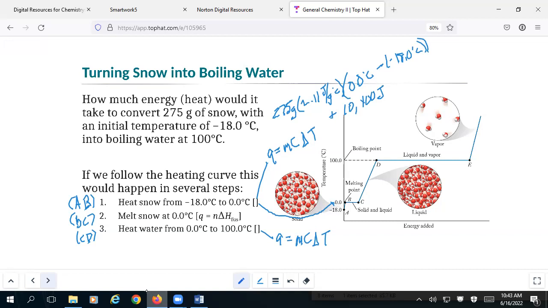So it took 10,400 joules to convert that snow up to the freezing point. Now we still haven't unfrozen it. It's still ice, but it's now warmer ice, if that makes sense.